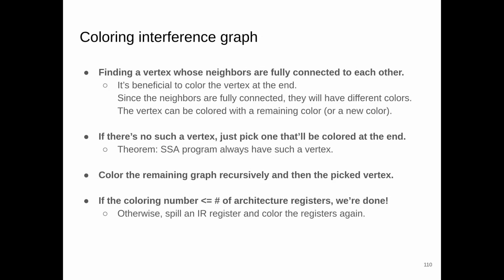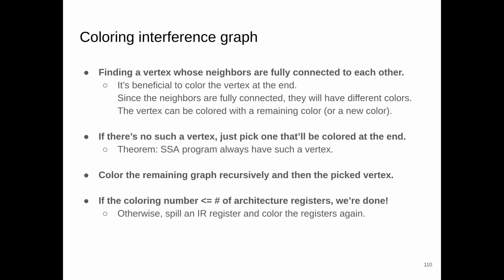As a result, this vertex should have a different color from all of those neighbors, and all of those neighbors are already colored with different colors. So you need to find a new color for this vertex. We are going to find such a vertex in the algorithm.